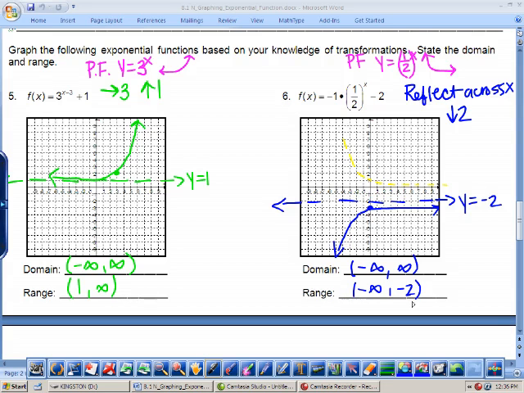Pay attention to your asymptotes and your point (0, 1).